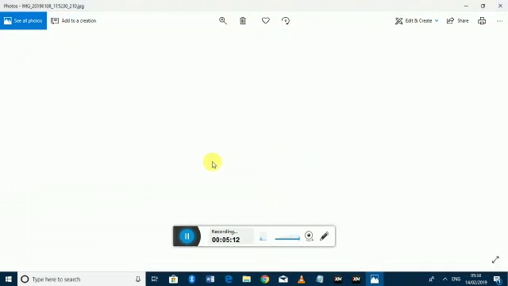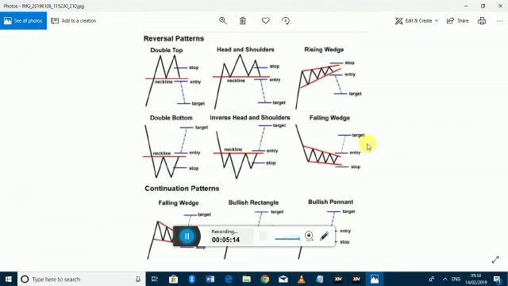So basically I'll start with the double bottom, the chart pattern that you see here. So let's go back to the notepad. Let me quickly remove this. So basically, double bottom will have a shape like this.